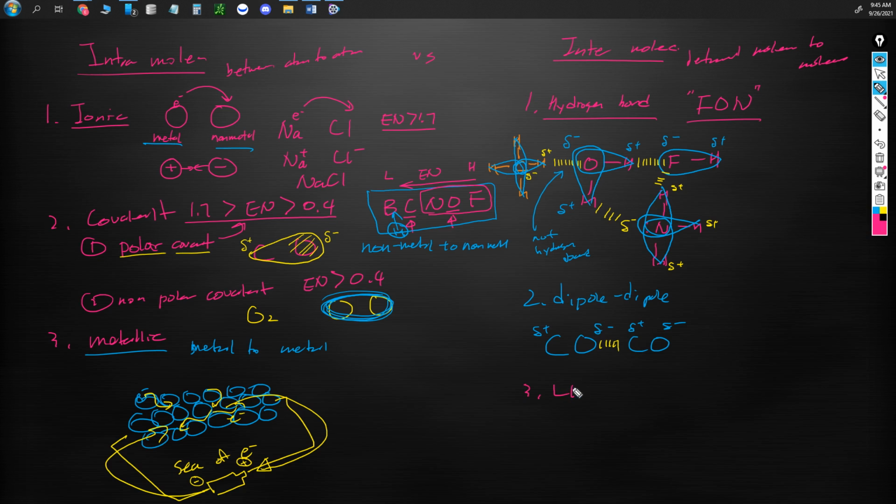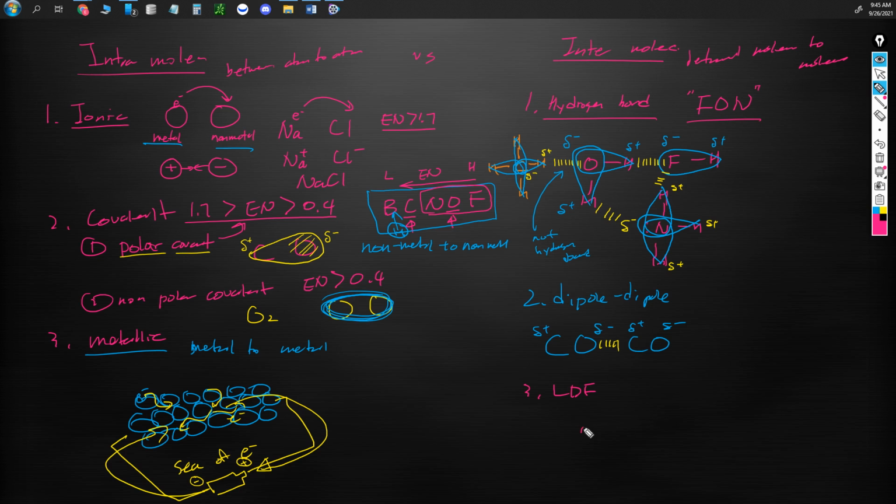Number 3, LDF. So what is LDF then? We also gave an example of Dippin' Dots, the ice cream shops, and how they create those ice creams using liquid nitrogen.